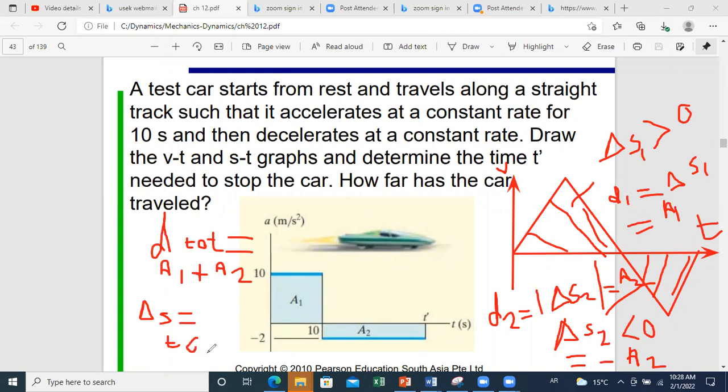This is for the position. Yes, exactly. So it will be A1 minus A2 to get the final position. Okay, thank you. Any other question?